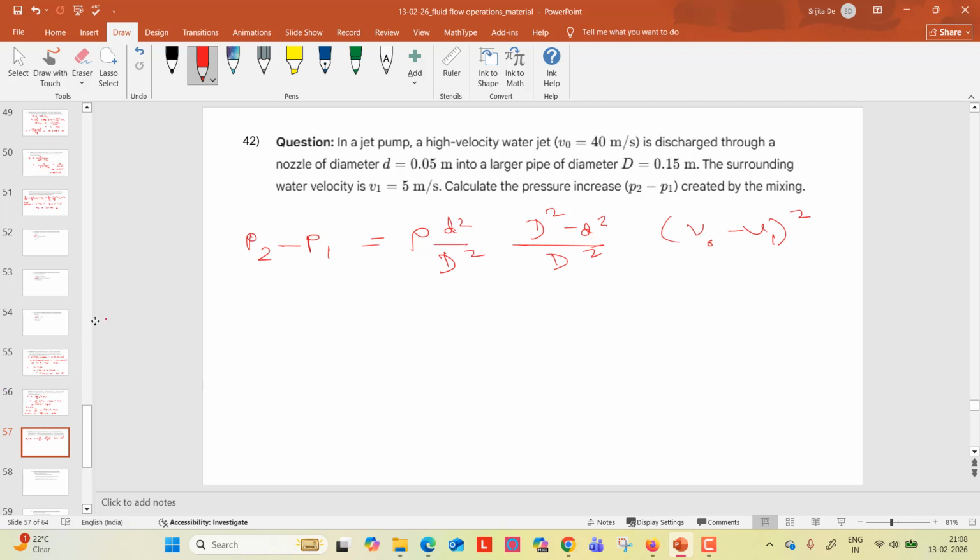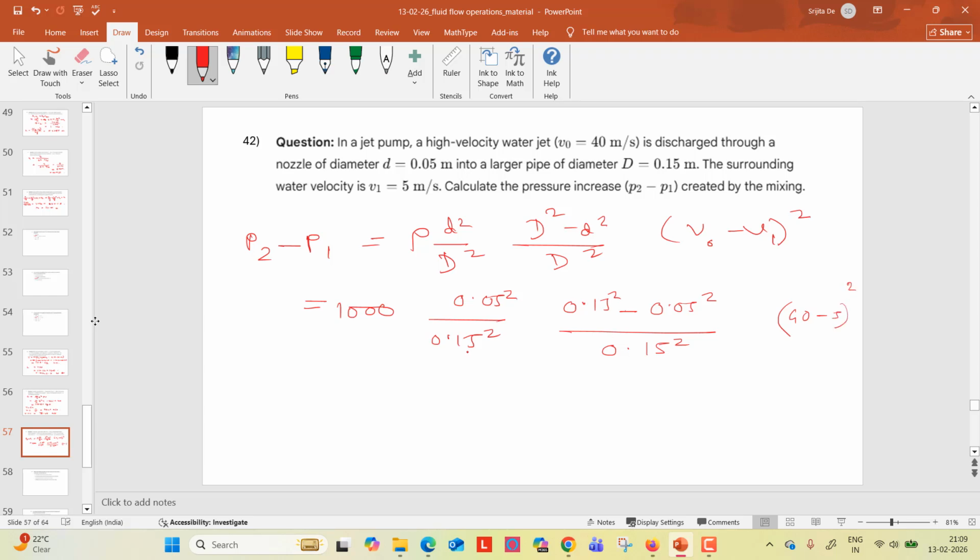So rho is given as water, so 1000 into 0.05 square by 0.15 square, 0.15 square minus 0.05 square divided by 0.15 square, and this is (40 minus 5) whole square.